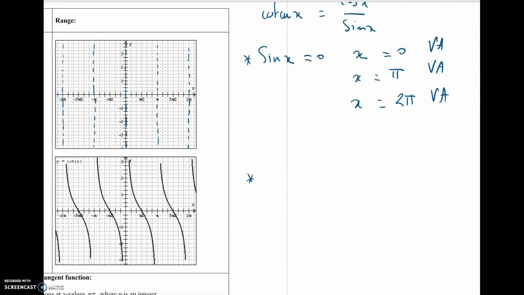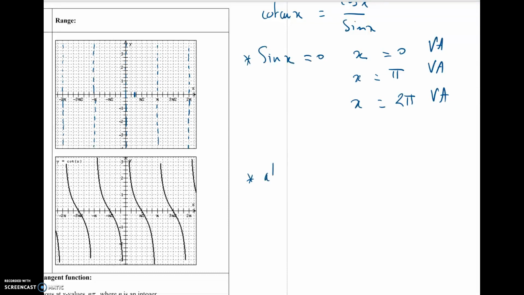Now, if I want to look at the value of my function, I'm going to take a value of x equal pi over 4. What is the value of my tangent?